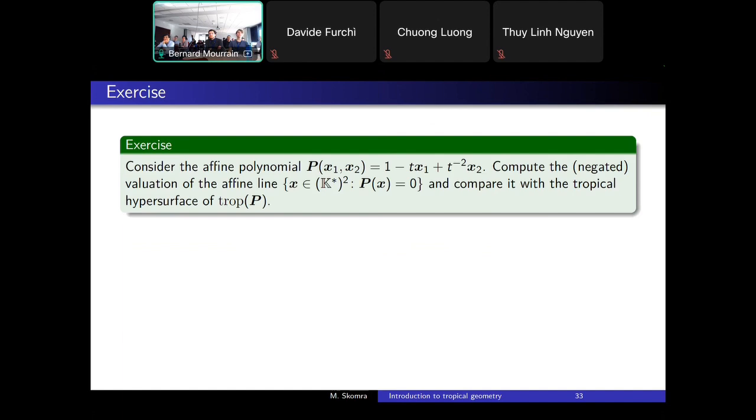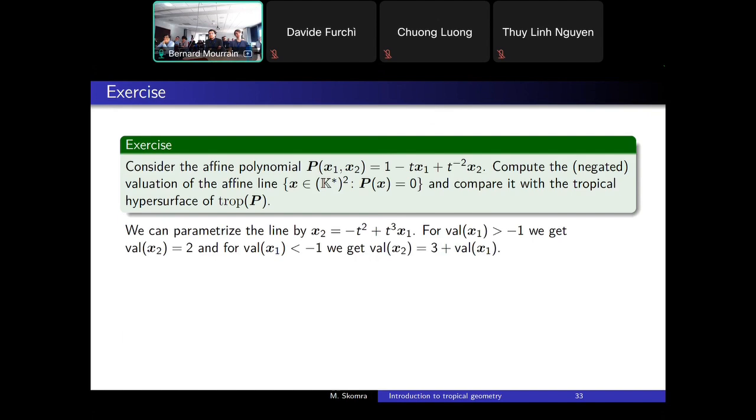So in this simple example, this line, p of x equals 0, we can just reparameterize it, right? So this line has this parametric description. If you give me x1, I can just give you x2. Okay? So now let us look at what happens to the valuation.